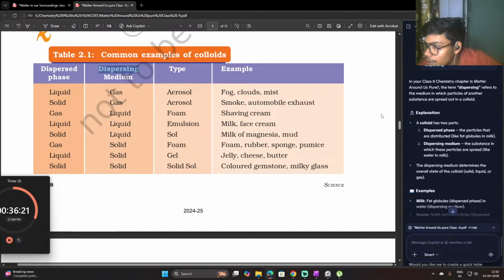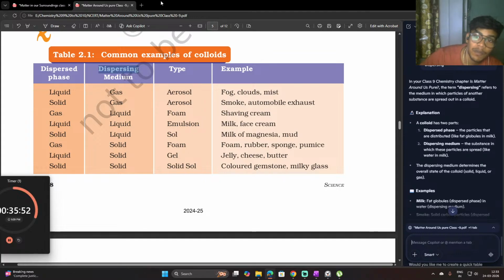Dispersed phase is the particles that are distributed, like fat globules in milk. Dispersed medium is the substance in which these particles are spread, like water and milk. So dispersed phase and dispersing medium are both different.